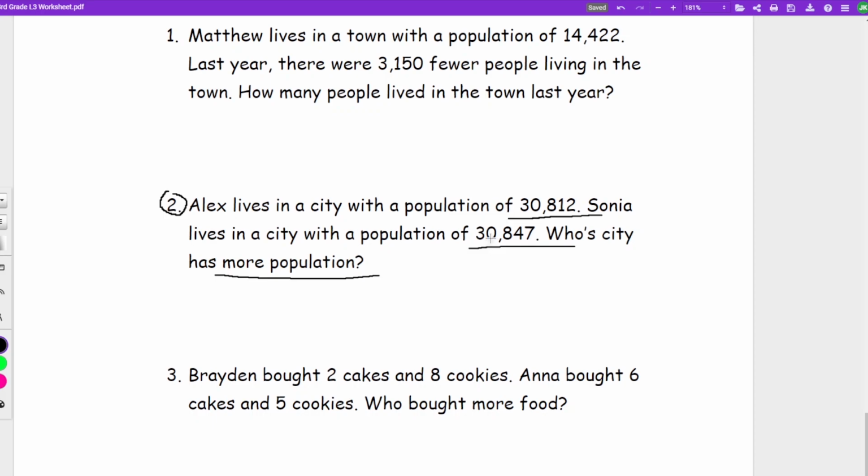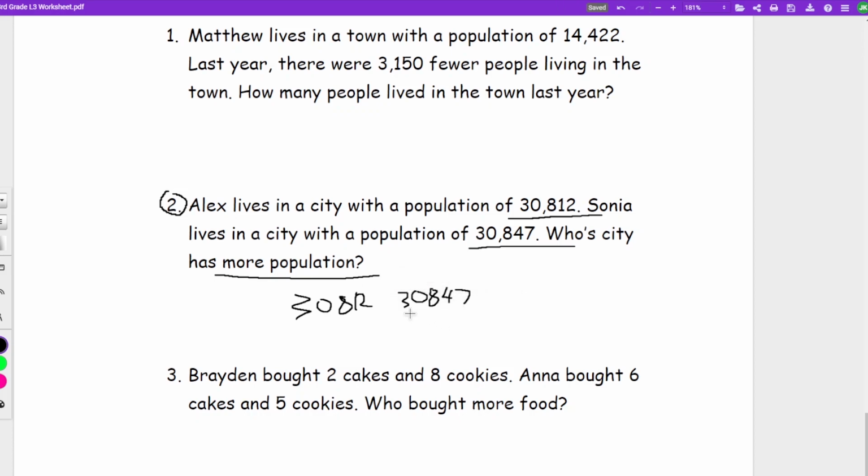I'm going to see which one is greater. So I'm going to write these numbers out. 3, 0, 8, 1, 2. 3, 0, 8, 4, 7.